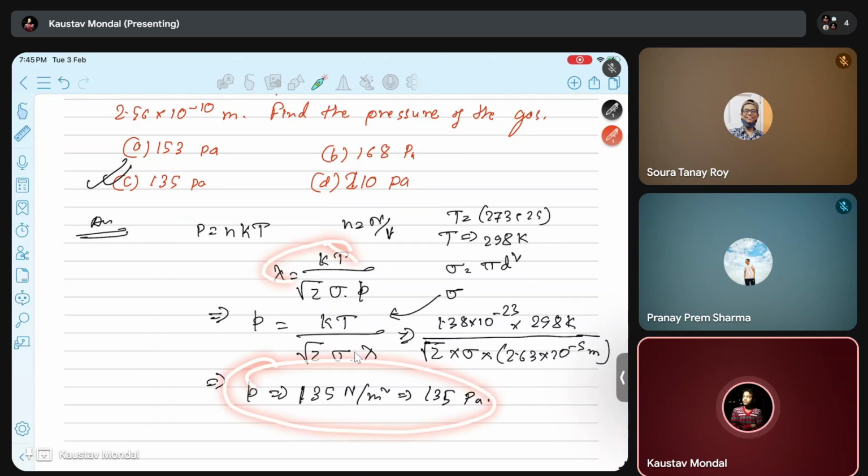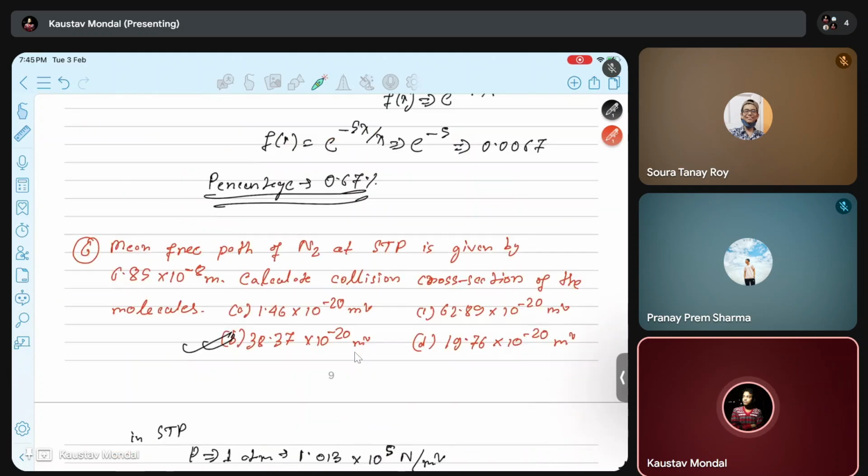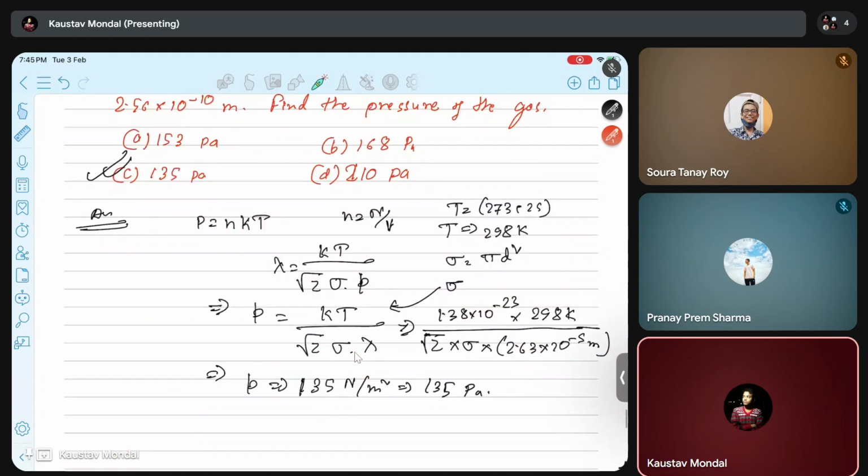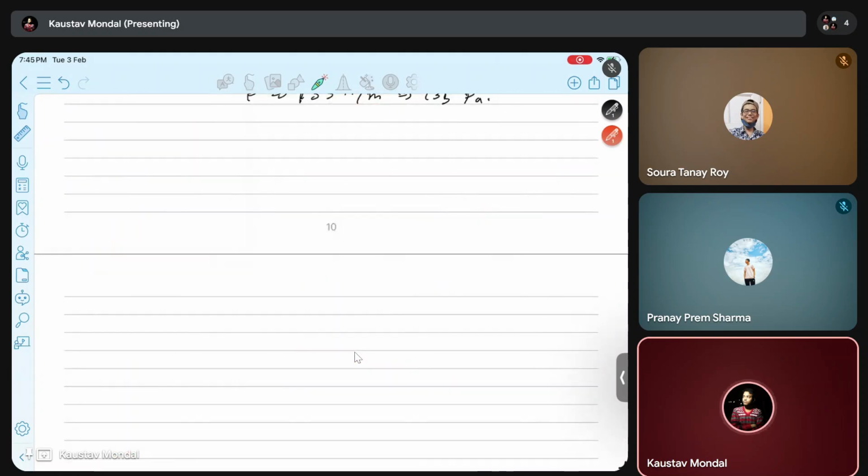So this formula is very useful to remember. Many types of problems can arise from it. Next problem is a similar type of another problem.